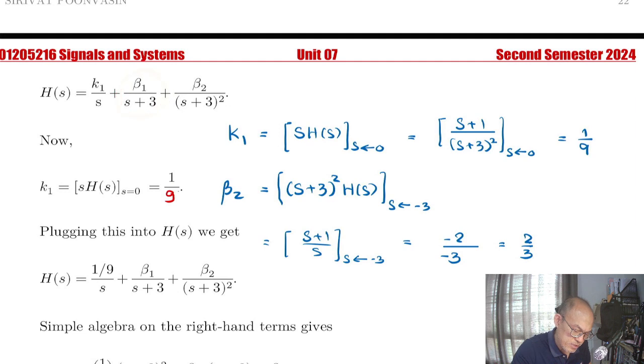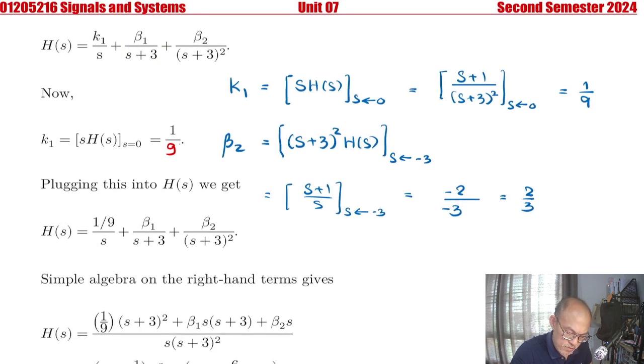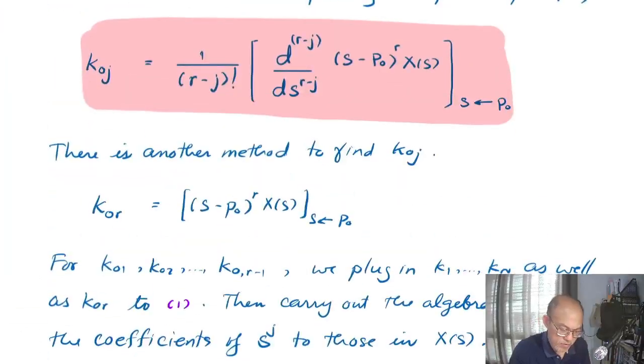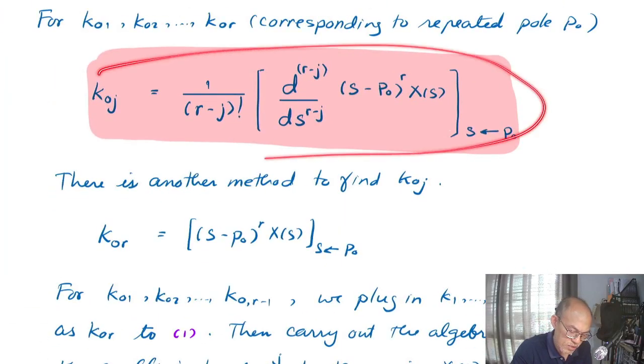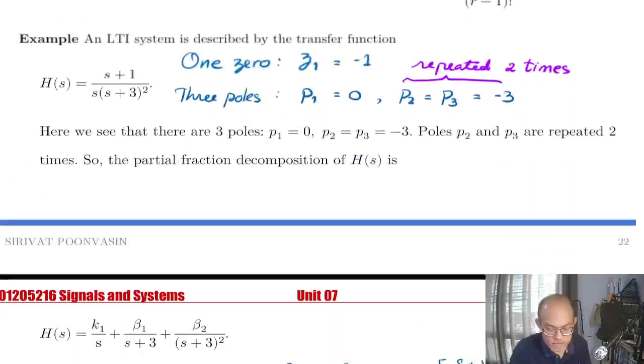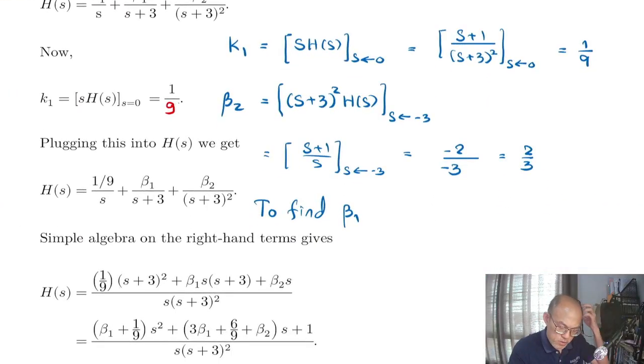Now once we have k1 and beta 2, the rest of the job is to find beta 1 here. Now to find beta 1, you have two options. Either you differentiate using this formula, or you do the algebra.